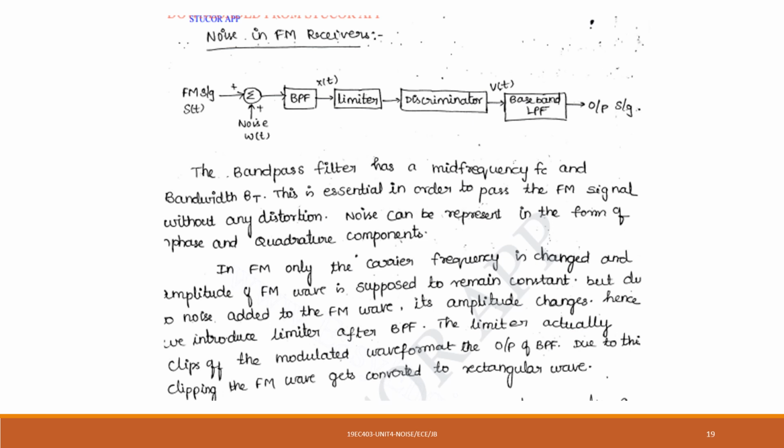However, due to the presence of noise, the amplitude also tends to change here. So in order to avoid this amplitude variation, we introduce a limiter after the bandpass filter. This limiter helps us remove the variations in the amplitude at the output of the bandpass filter.